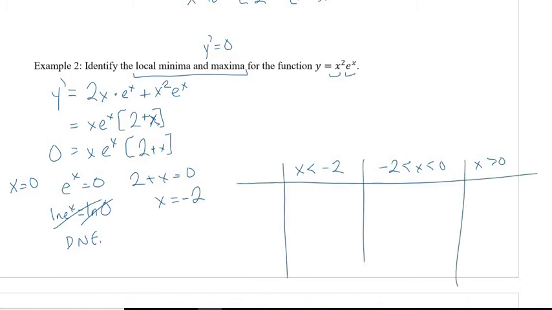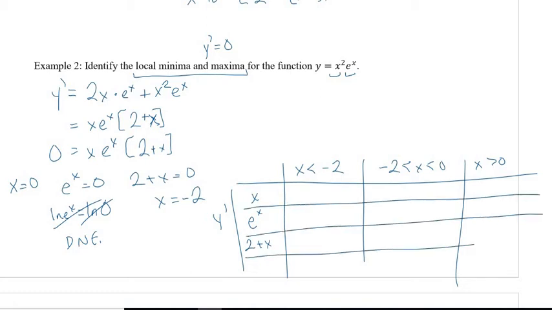And let's take a look at what happens with each of the factors in our derivative. For y prime, we had an x, an e to the x, and a 2 plus x. So think back, with curve sketching in each region, we just picked a test value. Say x equals -3, and then x equals -1, and then x equals 1. And we're going to test them in each one.